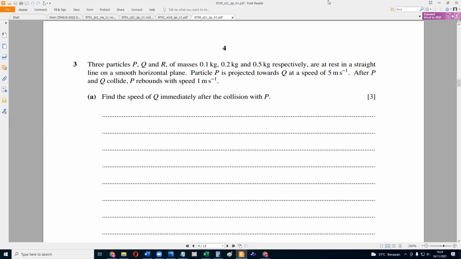And the momentum of Q is 0.2 times 0 because they are at rest. So it is going to be 0.5. This is the total momentum before the collision. After the collision, the momentum of P is 0.1 times negative 1. Why negative? Because it's to the left. While the momentum of Q is going to be 0.2 times V. We don't know what V is, but we know the total is going to be 0.5.